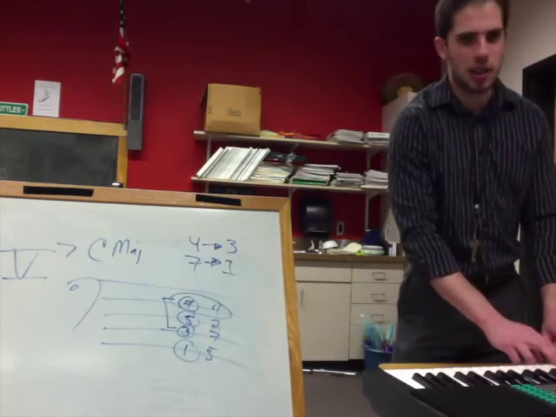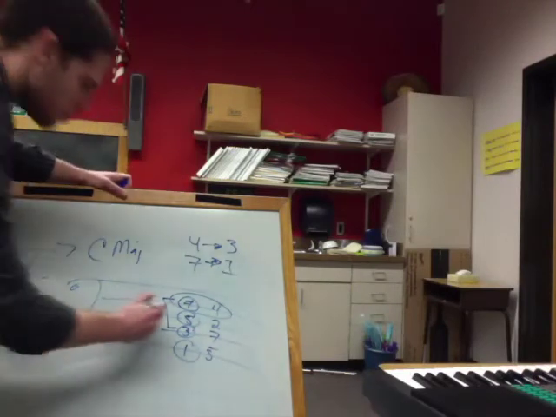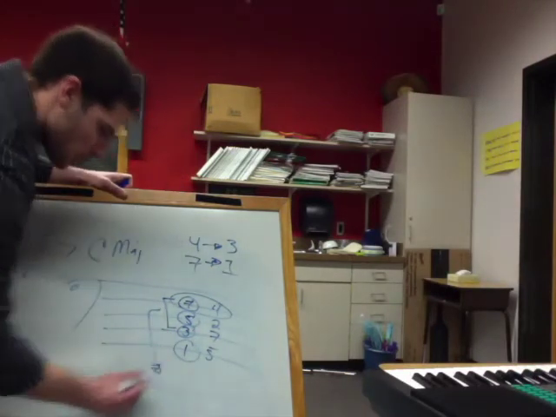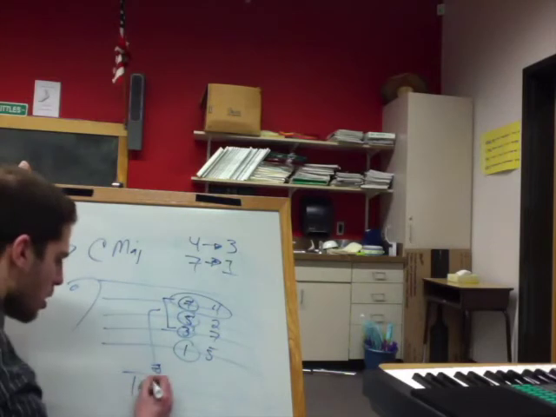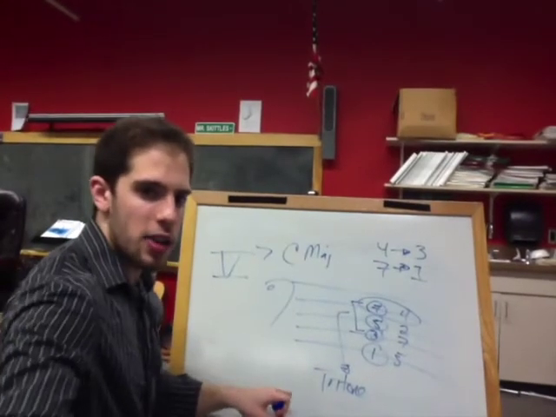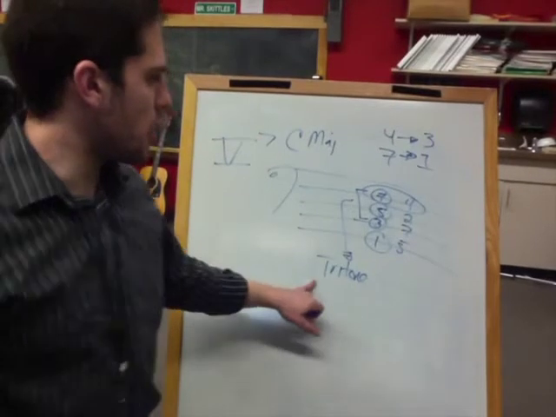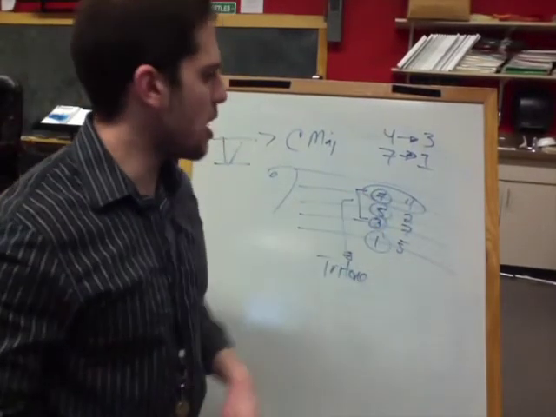So that tritone, and I'll show you what that looks like here. That tritone creates a lot of tension in our ears that we want resolved very, very badly. So the 3 to the 7 creates a tritone.